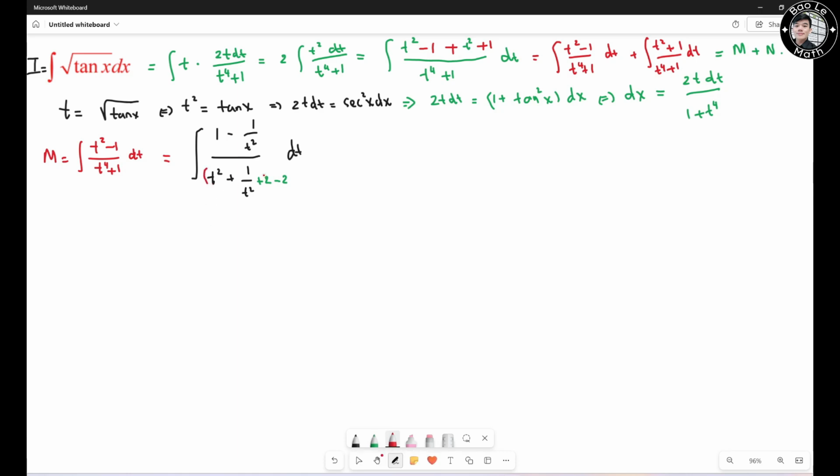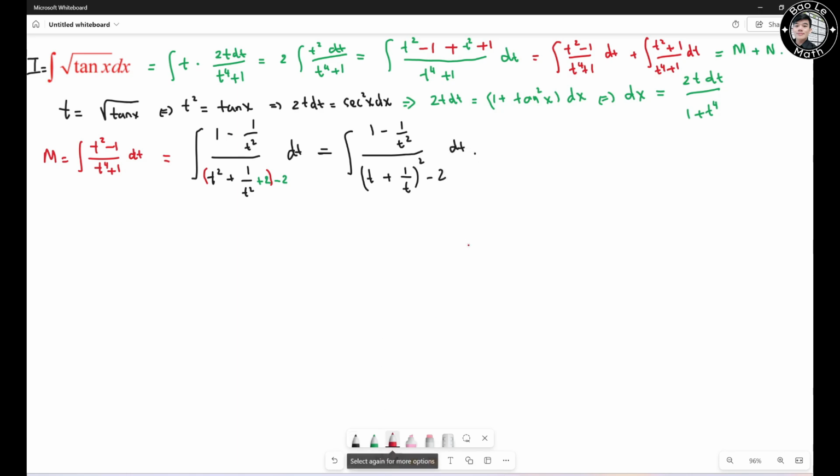The first three terms turn out to be a complete square. So this is the integral of 1 minus 1 over t squared over t plus 1 over t, all squared, minus 2, dt.